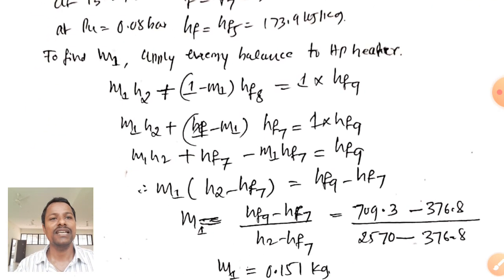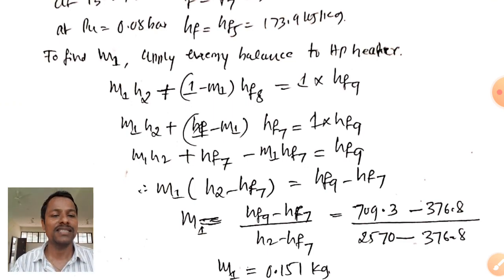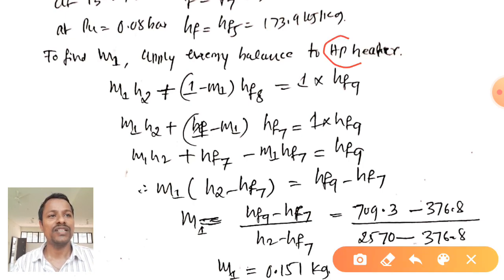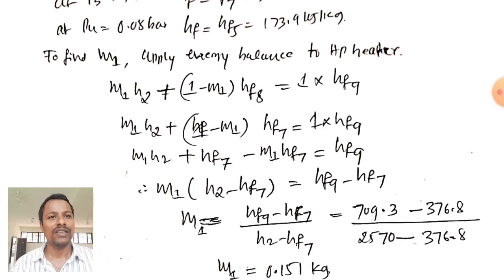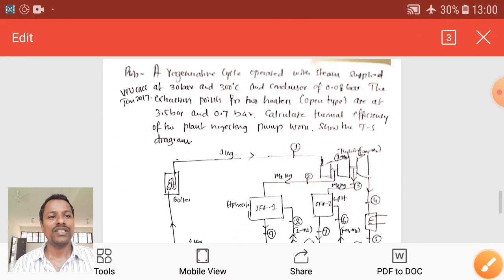To obtain the value of m1, we apply the energy balance for feed heater 1, also called the high pressure feed water heater.